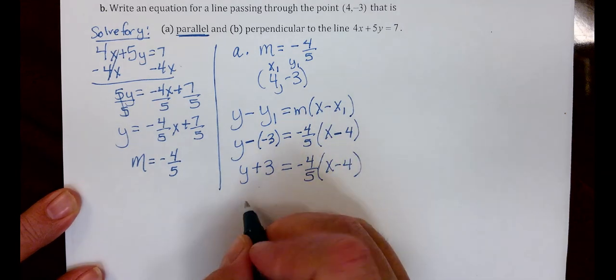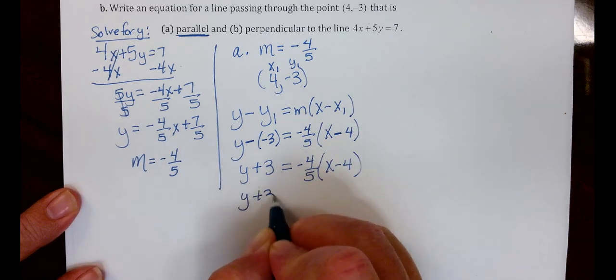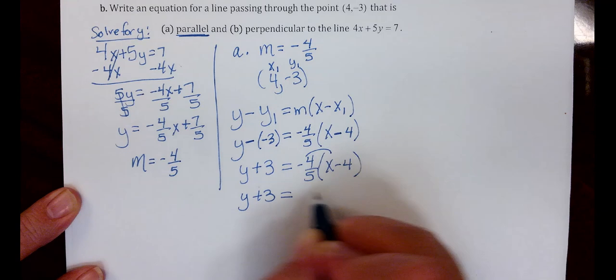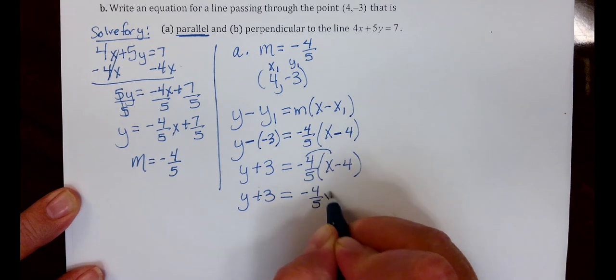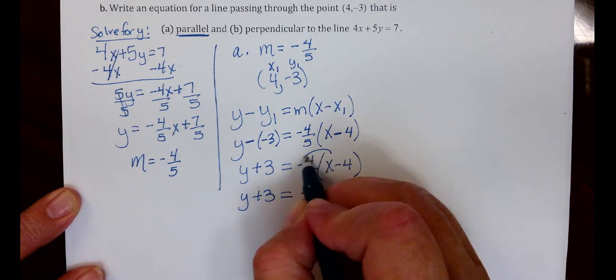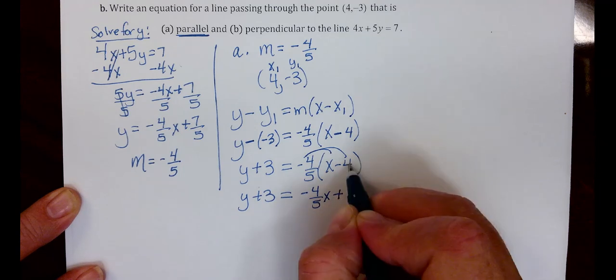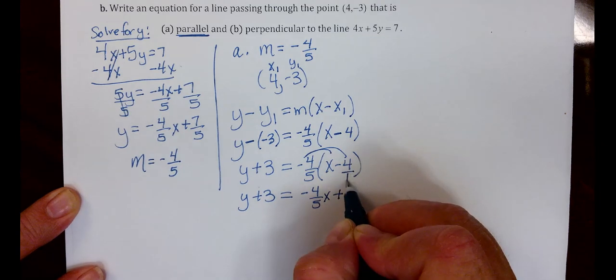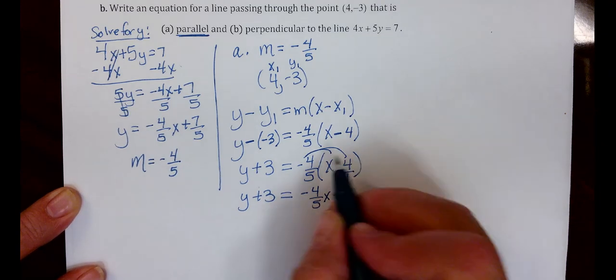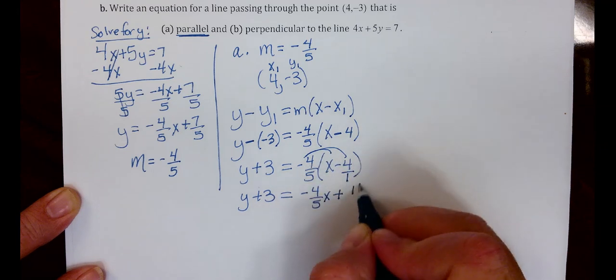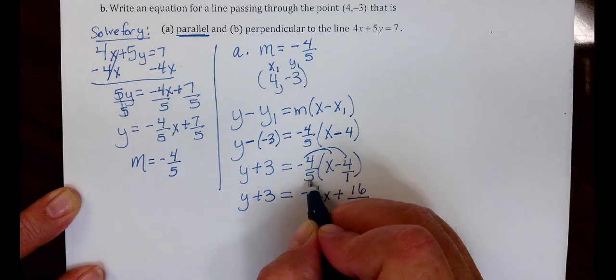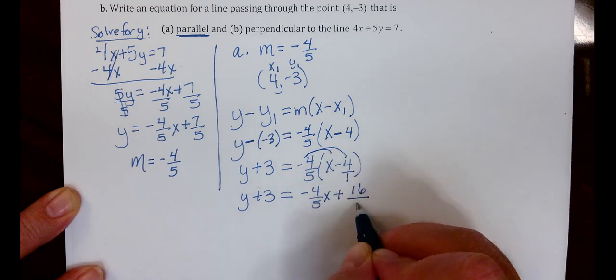So y plus 3 equals -4/5 x. And careful here, a negative times a negative gives us a positive. This is 4/1. Multiply the top: 4 times 4 gives me 16. Multiply the bottom: 5 times 1 gives me 5.